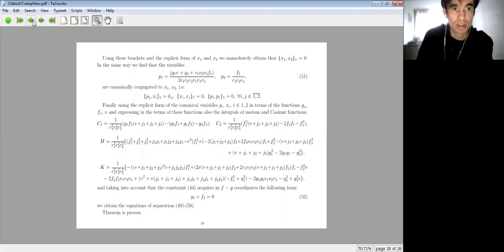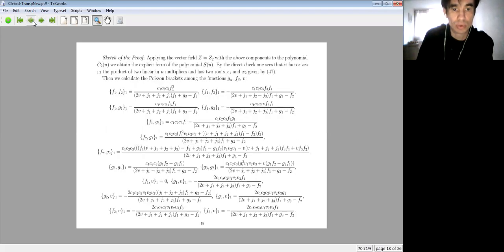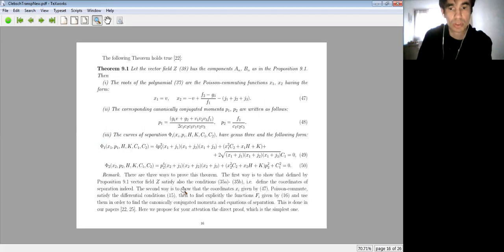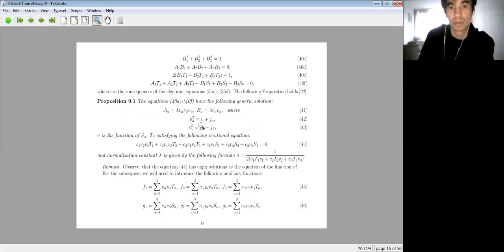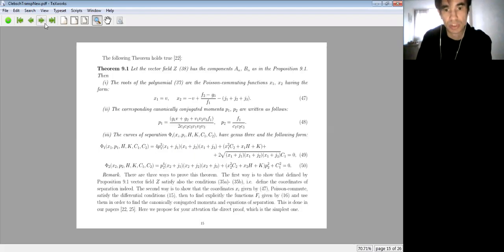We immediately show that modulo this constraint, the following equation of separation holds true for the given x1, x2. Here, of course, the simplifying fact is that x1 is the same thing as v. So here we have in fact v plus y1, v plus y2, v plus y3, and the same radicals that are presented everywhere.